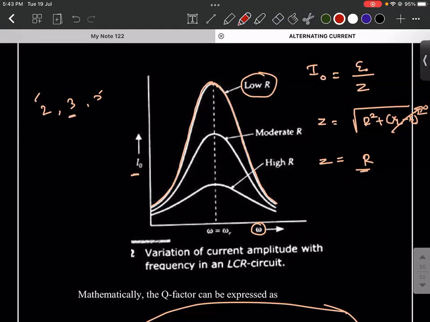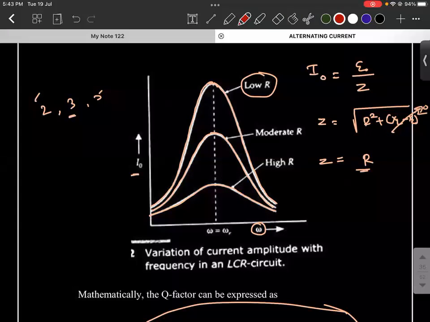Moderate resistance, now 3. When that is the scenario, you will have a graph like this. Similarly, when the value of resistance is highest, you will have a graph in this way. Is that clear? In all the three scenarios, I naught itself is attaining maximum value at which value of omega?